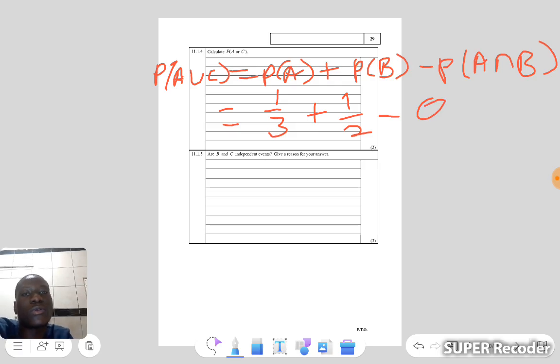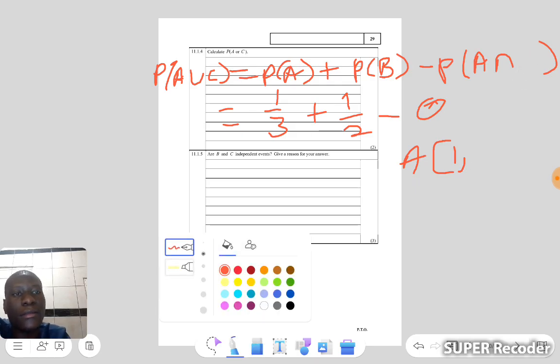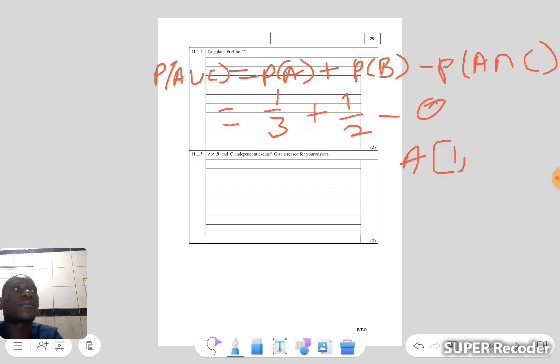This is 0 because... oh, not here, sorry. I made a mistake here. It's supposed to be C, not B. Even here, it's supposed to be C, not B.